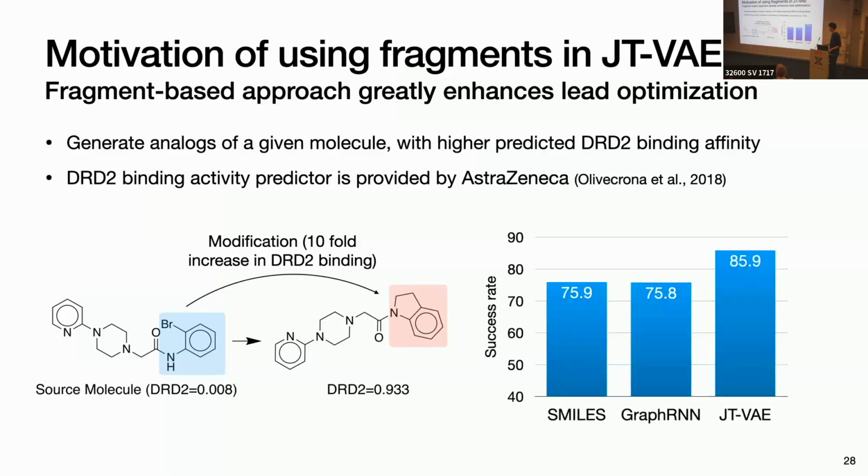And we can show in this case that this JT-VAE model has a much better ability to modify a molecule to improve its activity, right? And that's what we showed in our work earlier. But of course, now we applied it recently to the antibiotic setting.